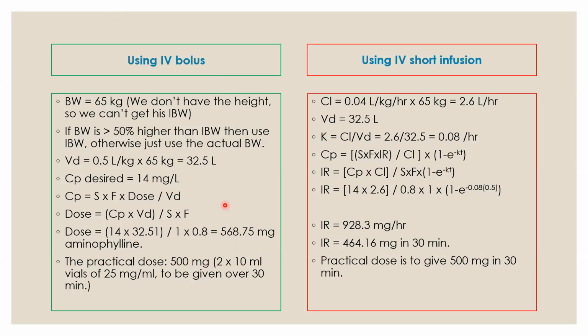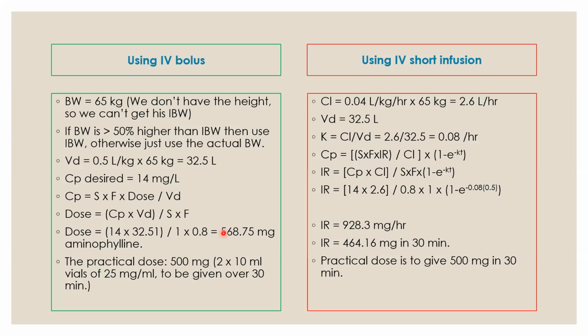Okay, some people will say, why not we just use 575, for example? Because at 25 milligram per ml, for 575 we can get 500 from the two vials plus 75 milligram.